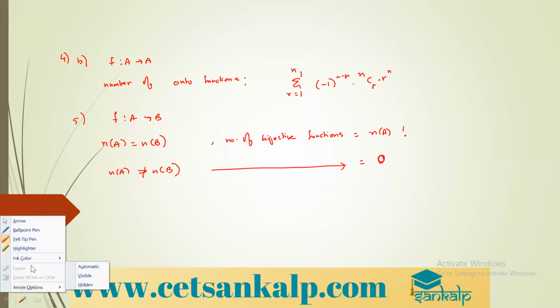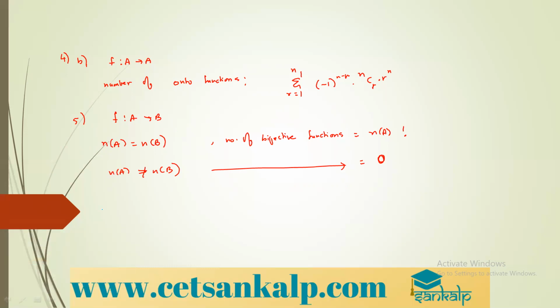Here also we will take one example. Like if A is 1, 2, 3 and B is P, Q. The number of elements in set A is 3, the number of elements in set B is 2. N of A is 3, N of B is 2. They are not equal. That means 0 bijective functions are formed.